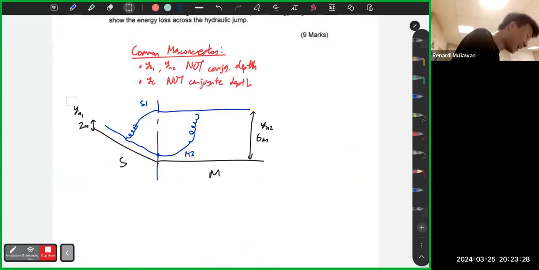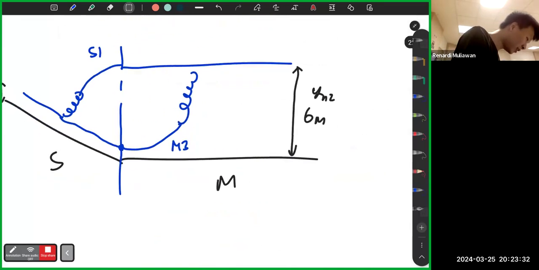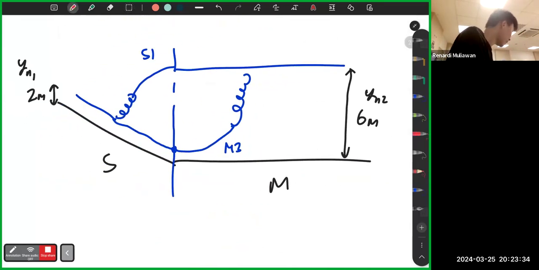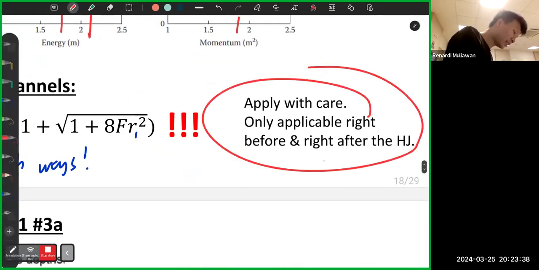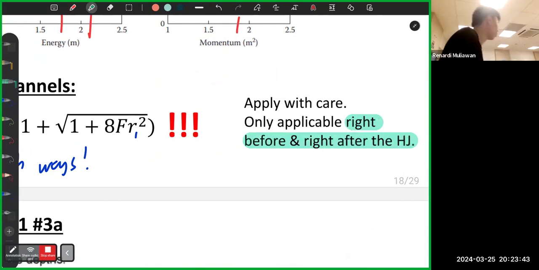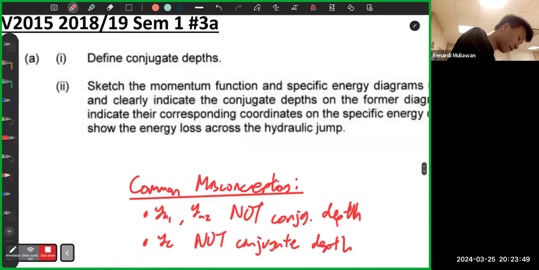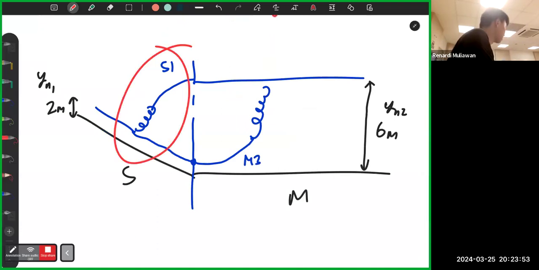So now I explain which are the conjugate depths. You see here there are two cases. This equation is applicable only right after and right before the hydraulic jump. So if we go back to this image, let's focus on this curve first.